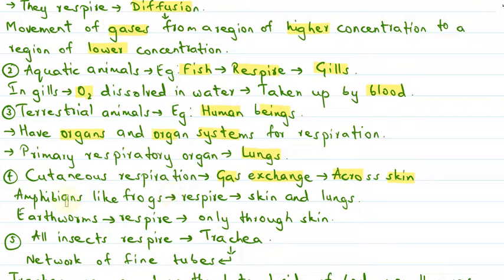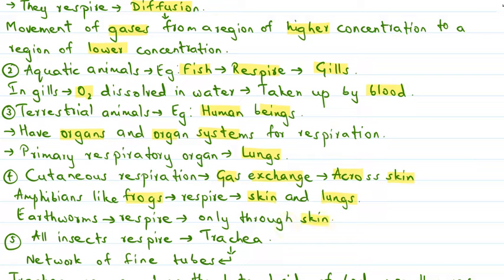For example, in amphibians like frogs, cutaneous respiration is present, that is they respire with the help of their skin as well as with the help of lungs. So here cutaneous respiration is not the only method of respiration, whereas in case of earthworms, cutaneous respiration is the only form of respiration because they only breathe through their skin.